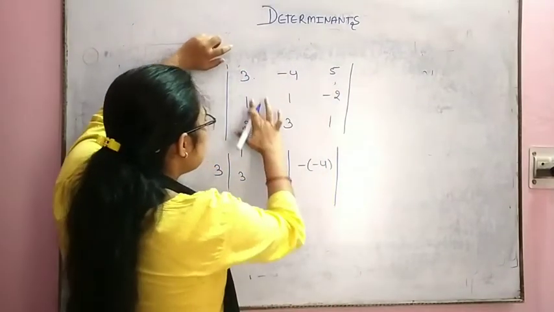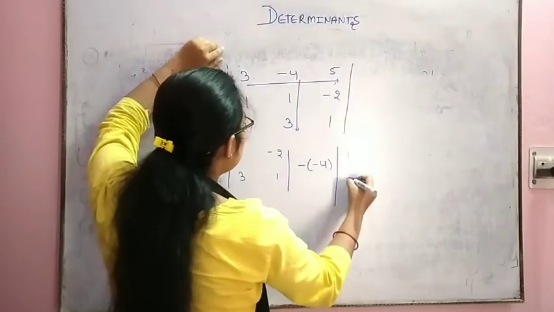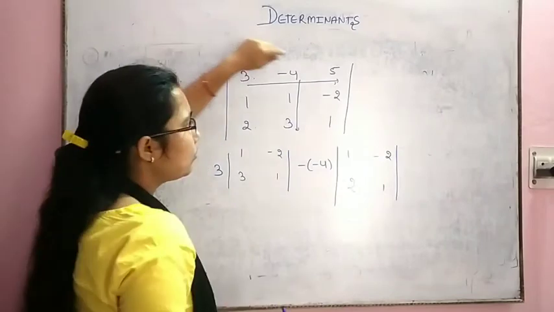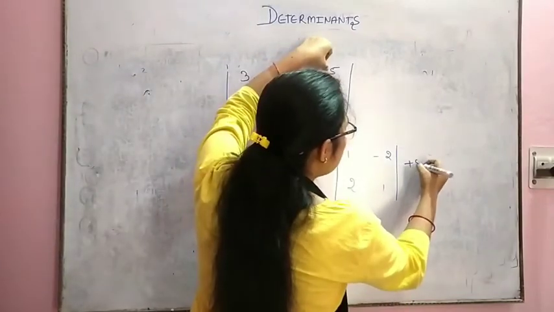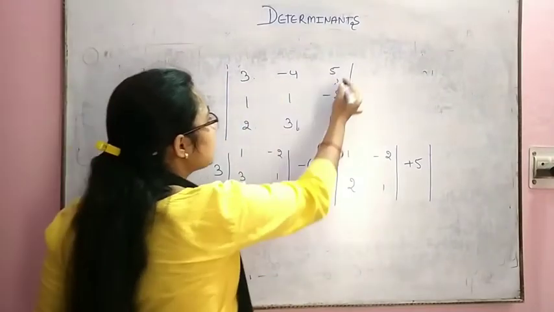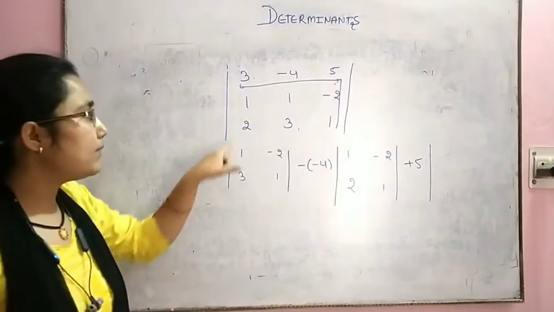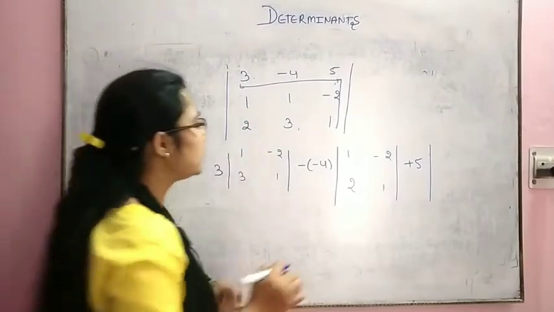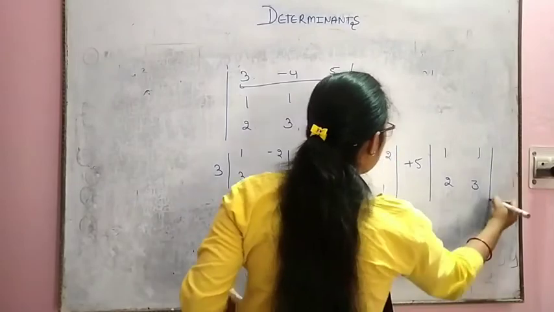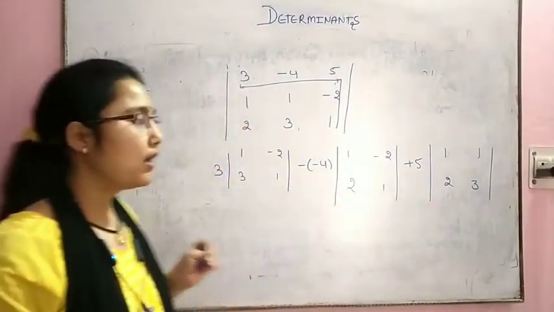The respective row and column will be cancelled out and the remaining elements are 1, 2, minus 2 and 1. Now note down the third element and the respective row and column will be cancelled out. What will be the remaining elements? So the remaining elements are 1, 1, 2, 3.